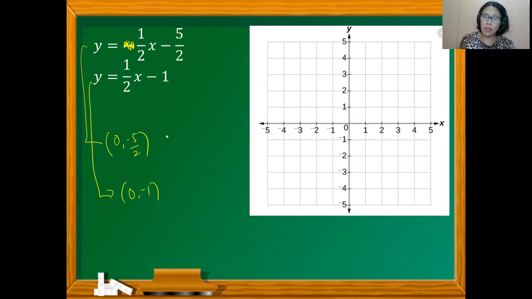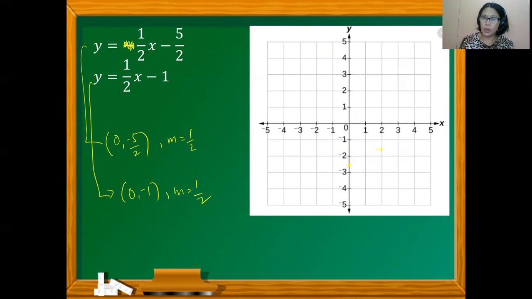And then the slope of each is the same, m equals 1 half here and m equals 1 half here. So plotting 0, negative 5 halves, which is in between negative 2 and negative 3. So this is 0, negative 5 halves. And then using the slope, rising up by 1 unit and then running by 2 units to the right.